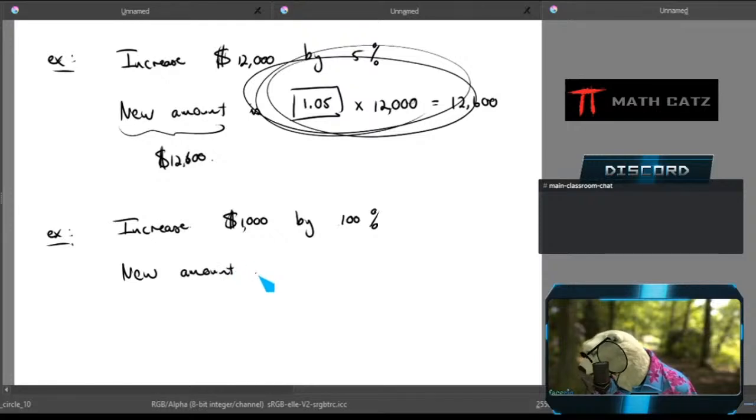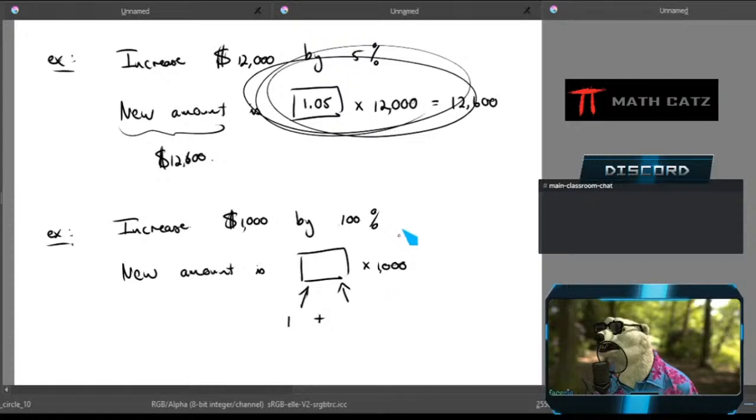My new amount is some adjustment factor applied to the 1,000. The look of this calculation doesn't change. What is this decimal number? Well, I'm increasing from my base, so I know I'm going to get 1 plus something else. The decimal version of 100%.